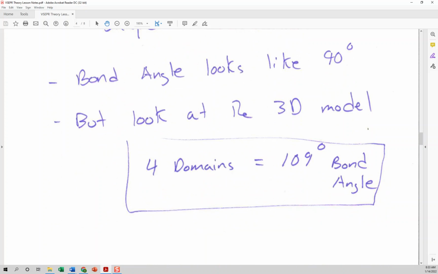And so let me show you the 3D model so you can see that it's actually greater than 90, right? So here we have our methane molecule, and if I turn it so you can see the angle of the bond, that's greater than 90, okay? You can kind of see that it's a greater than 90 degree bond. So don't fall for that trap. Okay, on paper it looked 90 because we're limited in 2 dimensions.